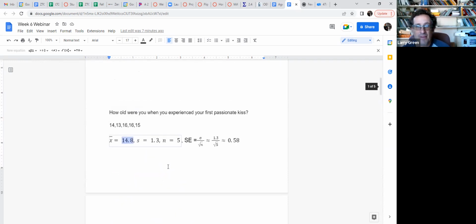Okay. So 2 standard deviations is about what? 1.16 actually. If I multiply 0.58 by 2, 1.16. So if you take 14.8 and subtract 1.16, then you're going to get 13.2.